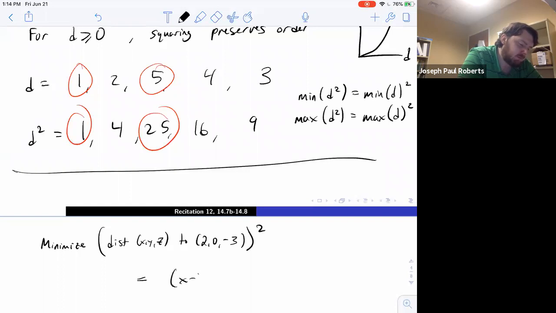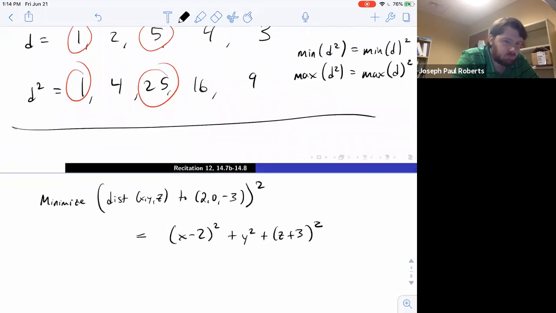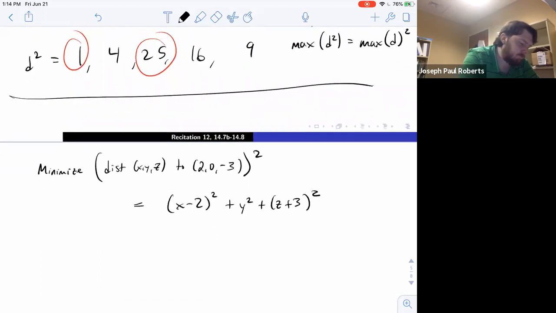That's going to be (x - 2) squared plus (y - 0) squared, so just y squared, plus (z + 3) squared, for points on the plane x + y + z = 3.